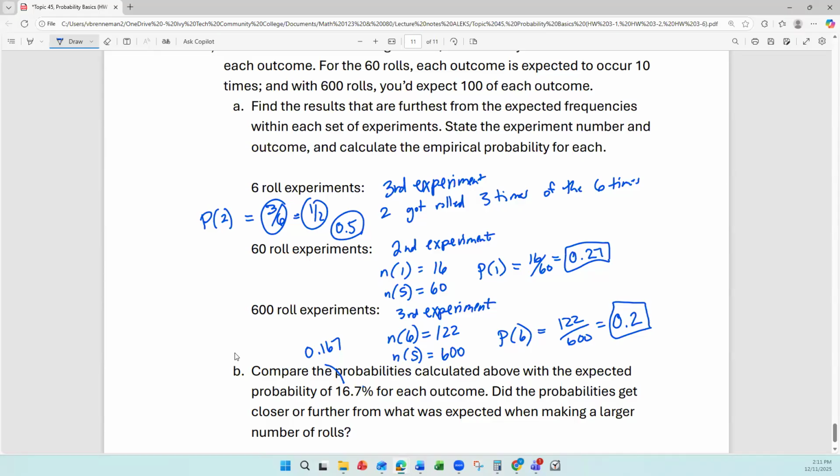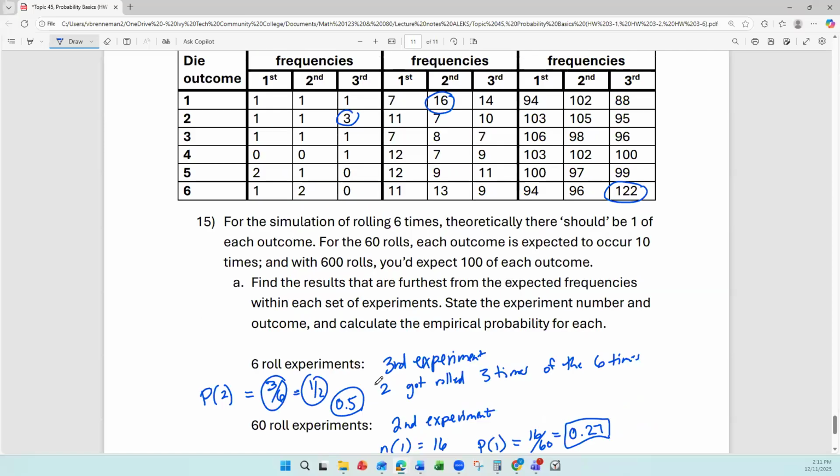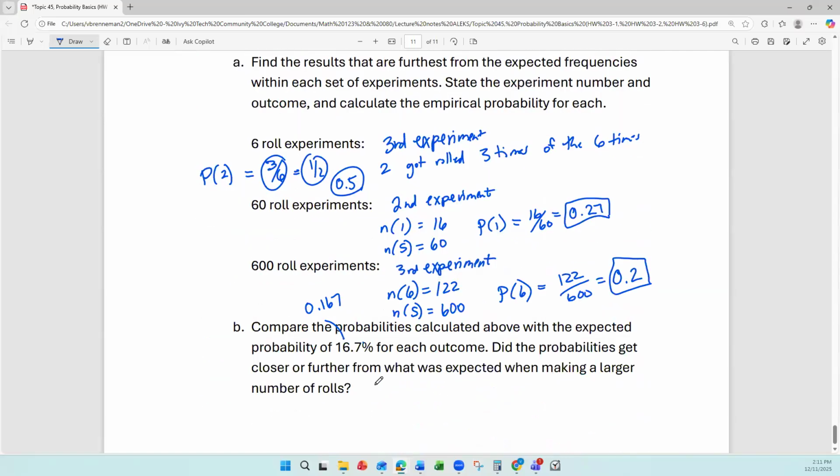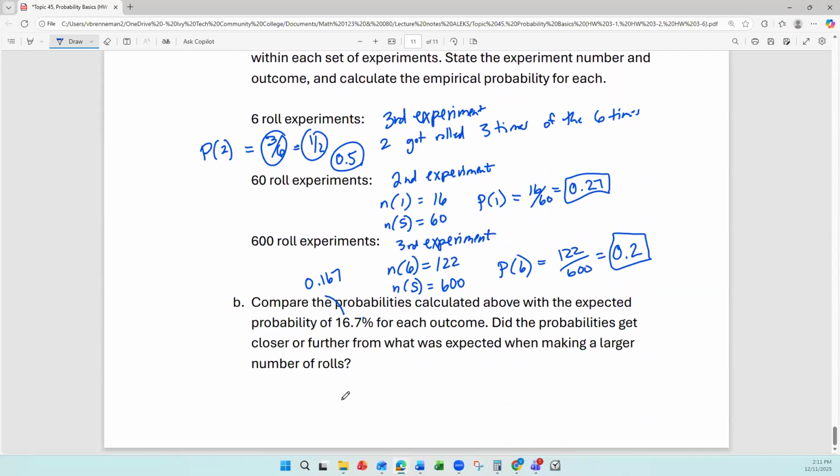Right? So even the most extreme discrepancy in the 600 rolls was still a lot closer to the 0.167 than the most extreme of the others. And so the probabilities get closer when making a larger number of rolls.